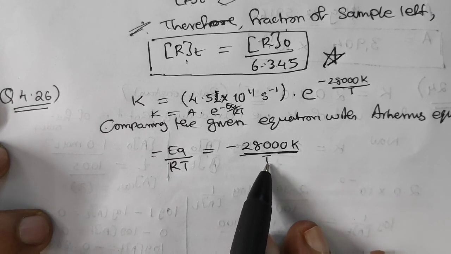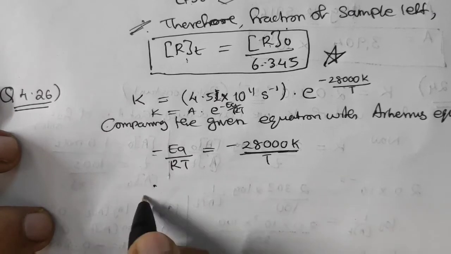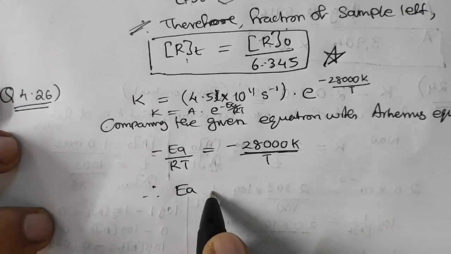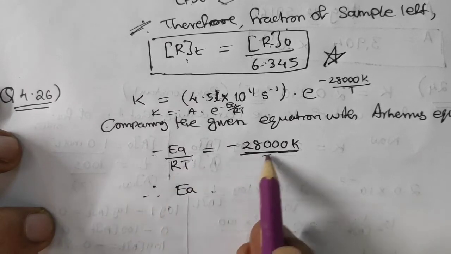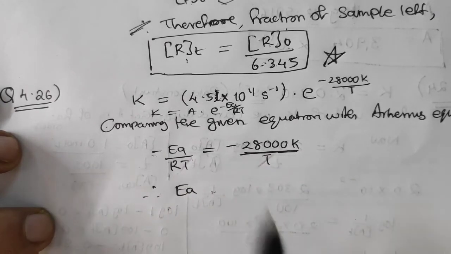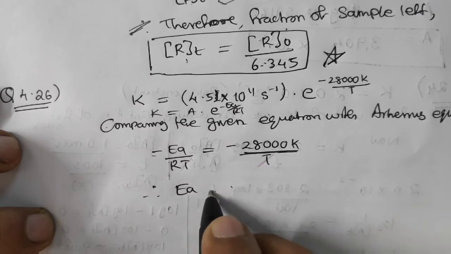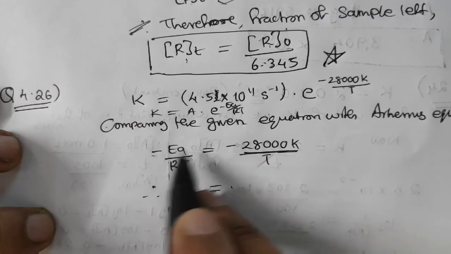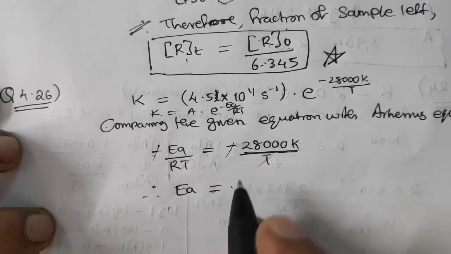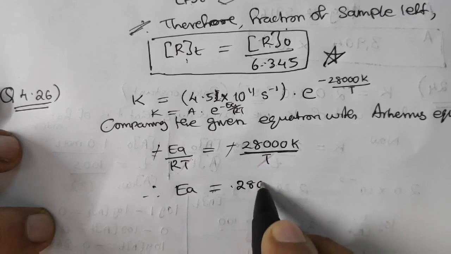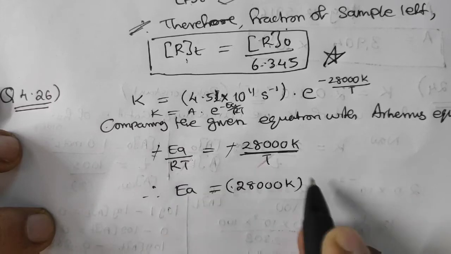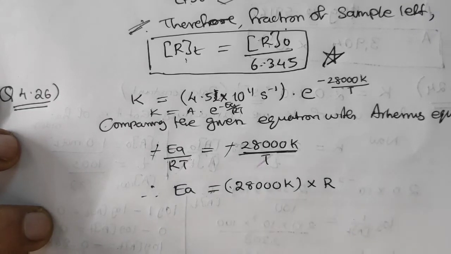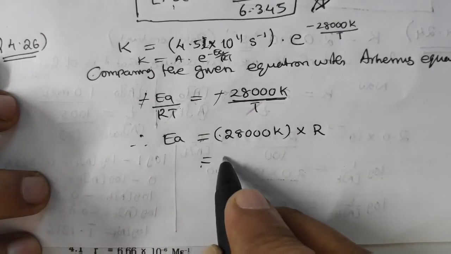Therefore EA will be equal to, T will get cancelled on both sides, and the minus will also get cancelled. So EA will be equal to 28000 K, and this R will go here, into R.